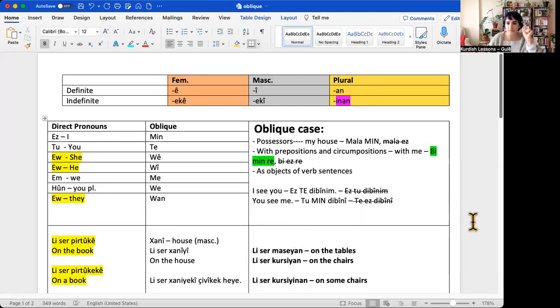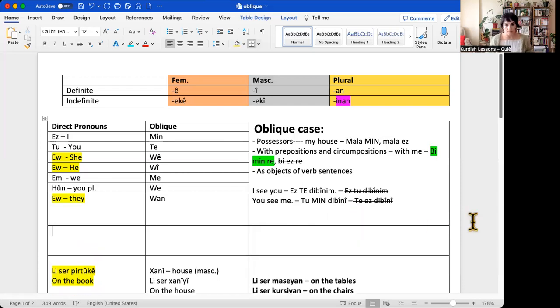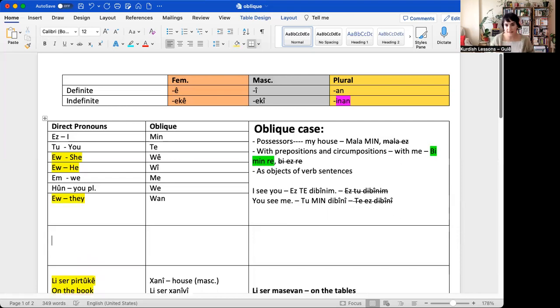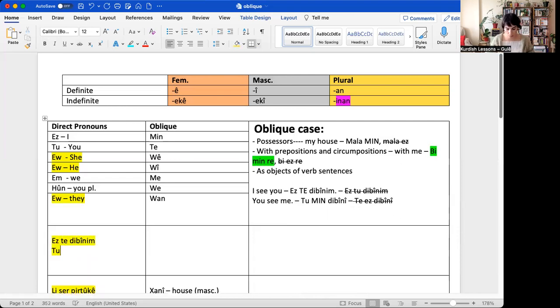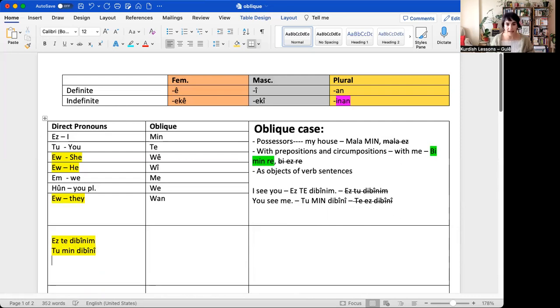So I said ez te dibînim, ez min dibînim, ez wan dibînim, I see them, right? But if you need to use any noun, how to do that? So ez pertûkê dibînim, I see the book, it's a definite book, okay?